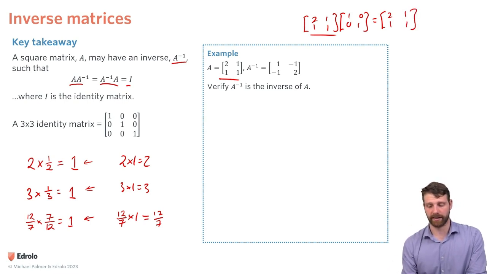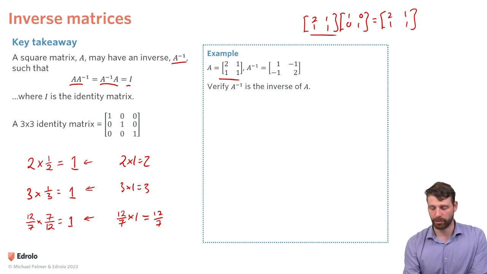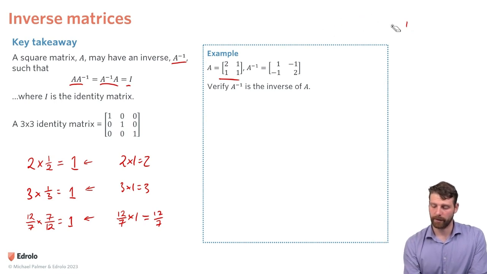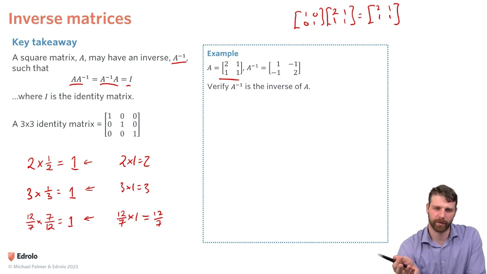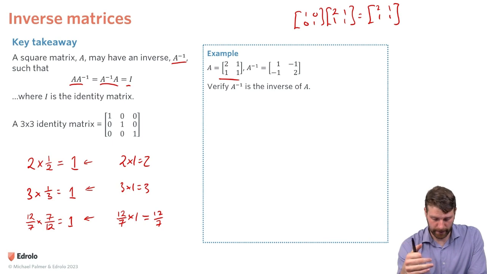The special thing about the identity is it doesn't matter which side I multiply on. If I did that same calculation with the identity in front, I would also just get that matrix back. So that's why an identity is special. It returns the thing that we had when we do some operation.